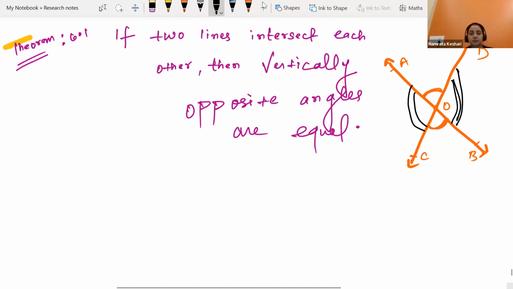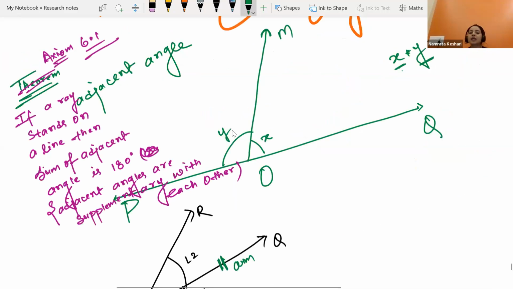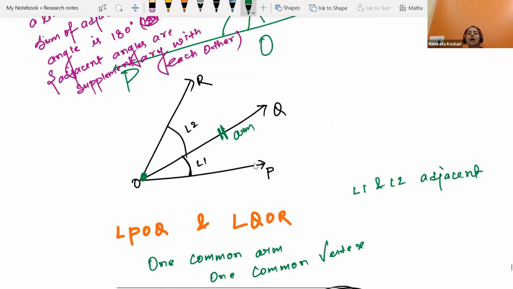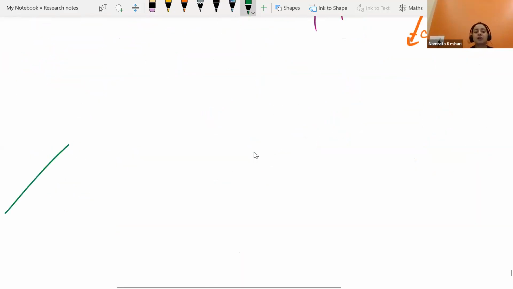Ma'am, we have to take linear pair and solve it, right? Yes, we have to take linear pair. We will be using the concept of linear pair: if a ray is standing on a straight line, then the adjacent angle sum is 180 degrees. Whenever you have a straight line and a ray on it, the sum of the adjacent angles will be 180 degrees. They are all linear pairs with each other.